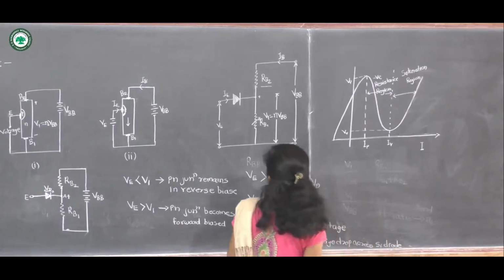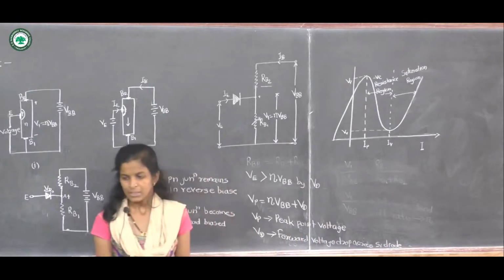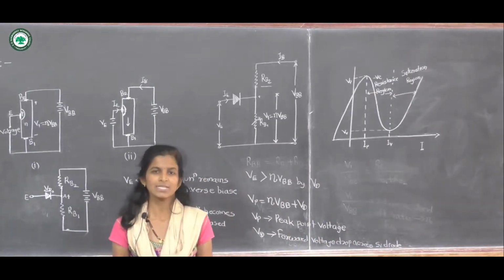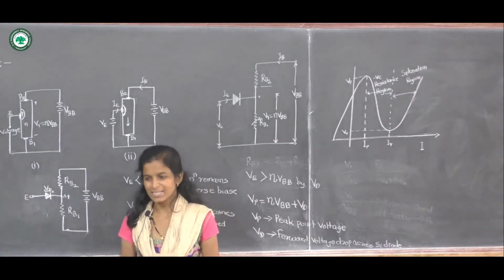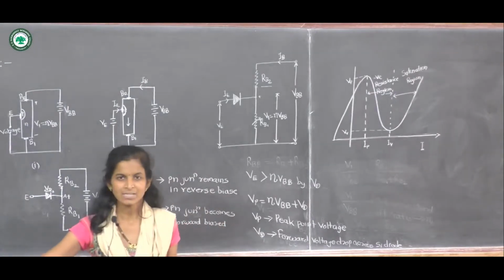So this is all about the equivalent circuit of unijunction transistor. Then we will see the IV characteristic of unijunction transistor.